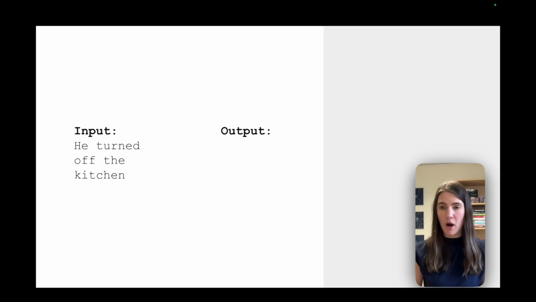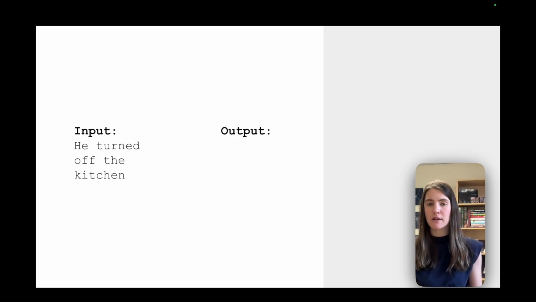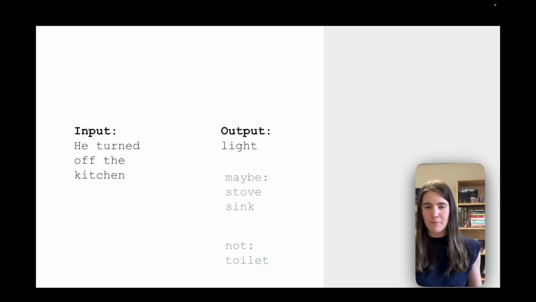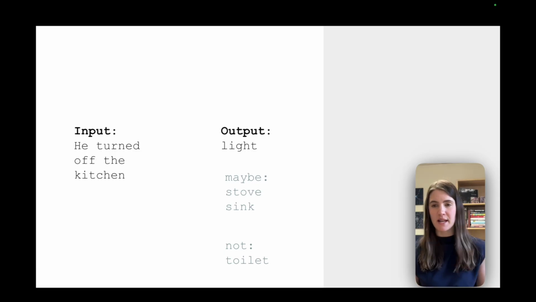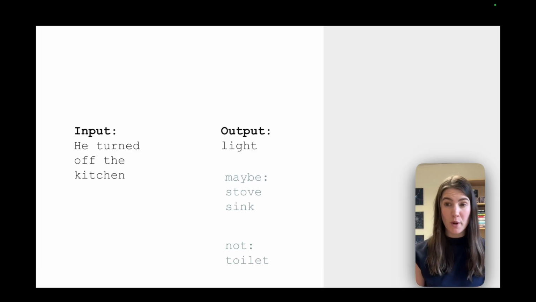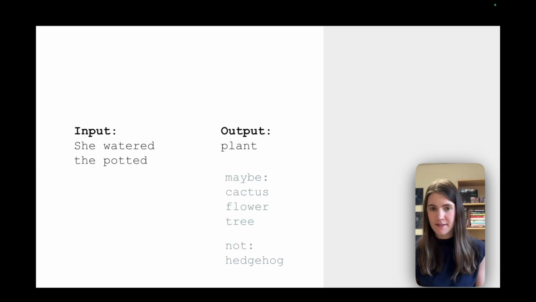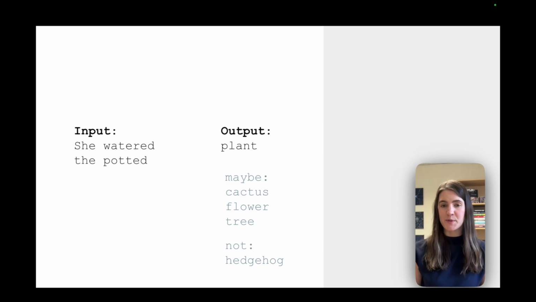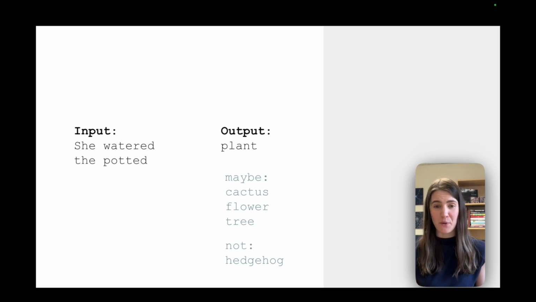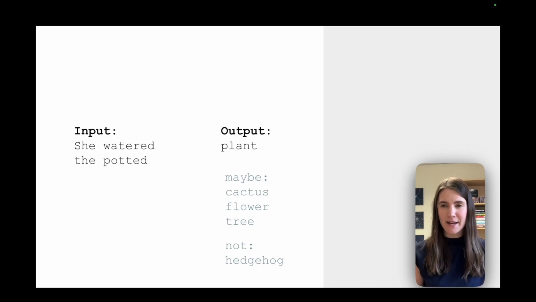Input, he turned off the kitchen light, but could also be stove or sink, but probably not toilet. Input, she watered the potted plant. Could also be cactus or flower or tree, but probably not hedgehog.